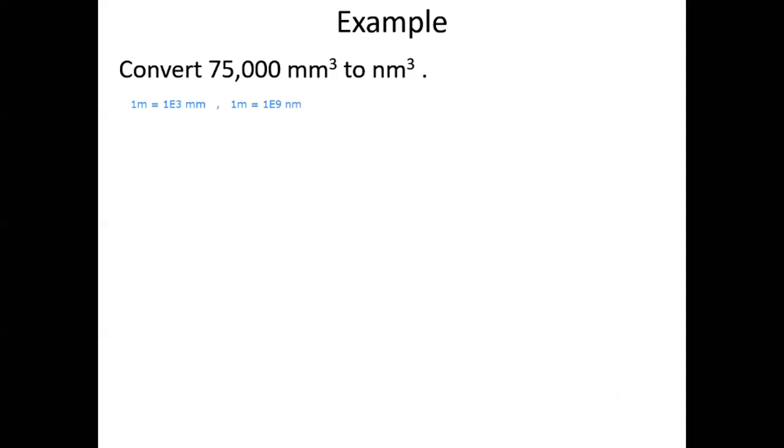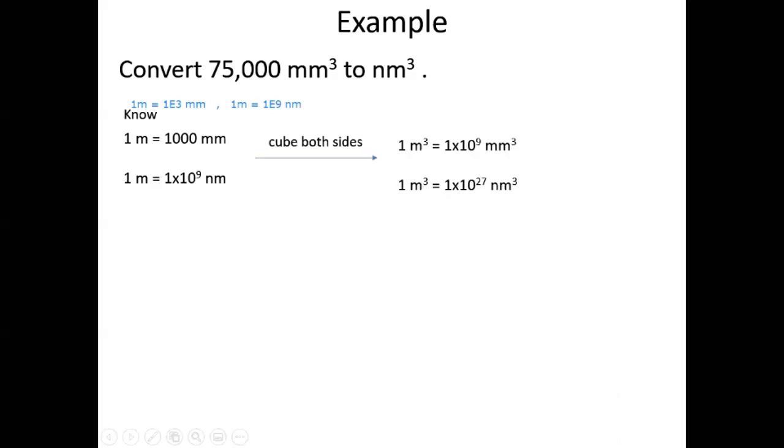So now we're going to cube these conversion factors, which means we multiply the powers by 3. So we get 1 meter cubed is 10 to the 9th millimeters cubed, and 1 meter cubed is 10 to the 27th nanometers cubed.